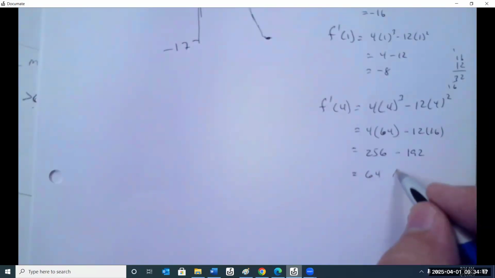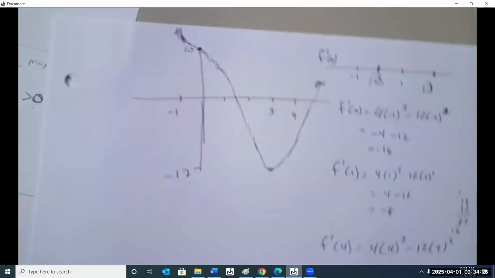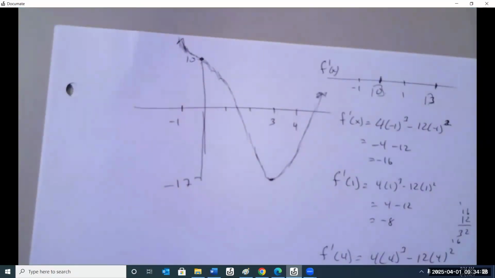So it goes up. So we know the graph looks something like this.